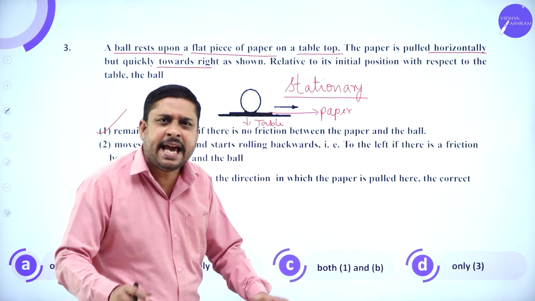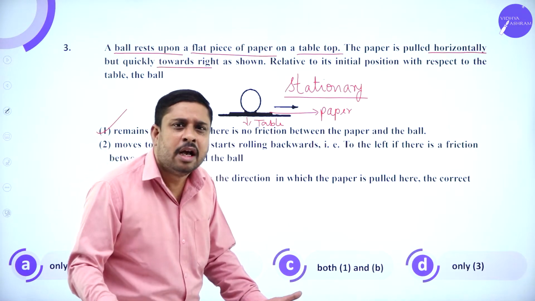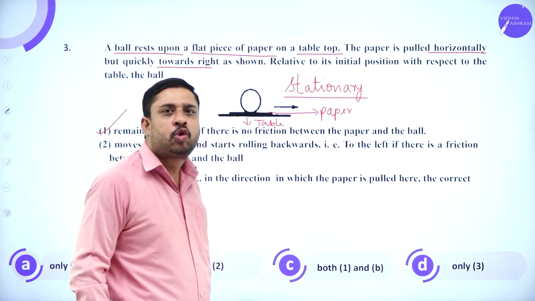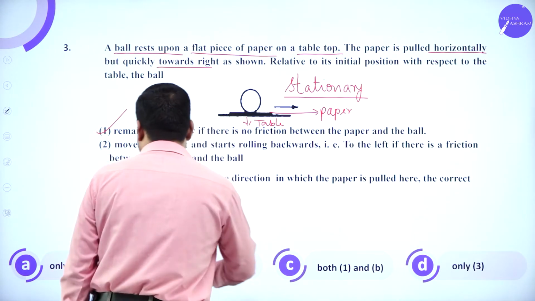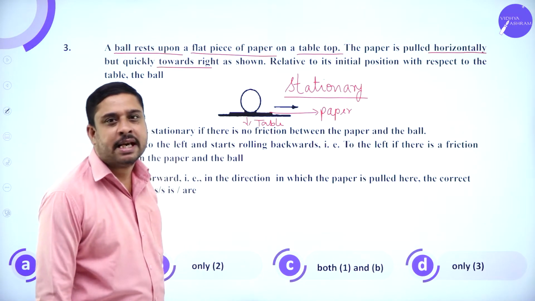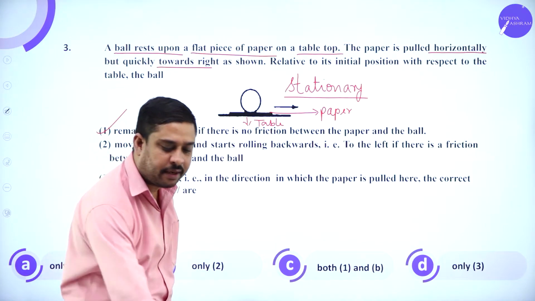But basically, there is no friction at all. So the ball has to remain stationary due to inertia of rest. And therefore, only the first statement supports the given condition.